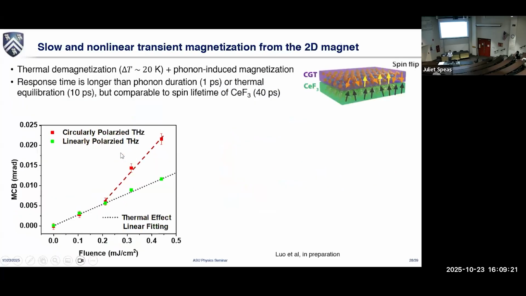And what's happening there? So here are some features. First, we study the difference between exciting the sample with just heat, which is linearly polarized terahertz, no magnetic field, or heat plus magnetic field, which is circularly polarized terahertz. We find that if you put in a small amount of energy, nothing exciting happens.